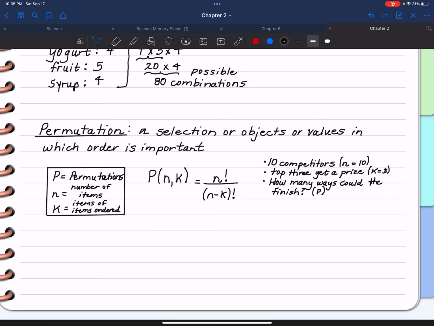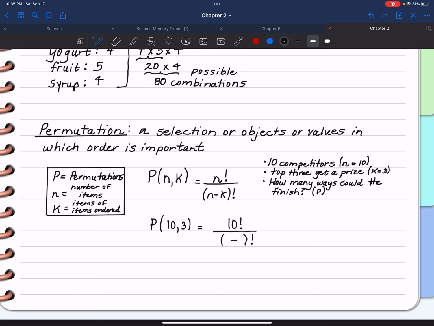P, which we do not know yet, but we know N is 10, and we know K is 3. So we can fill in our formula here. Now I'm going to set it up so you can follow me just a little bit easier. All right, N is 10. So I'm going to put a 10 right there.